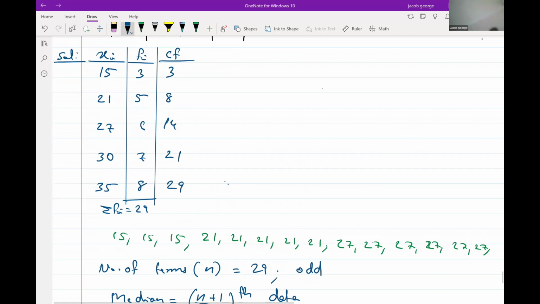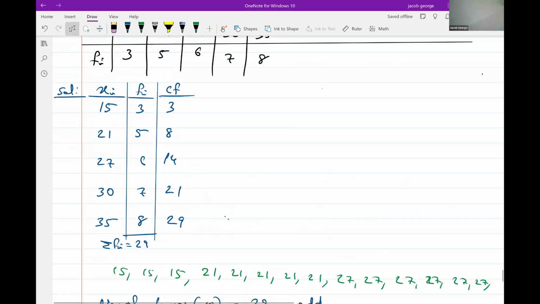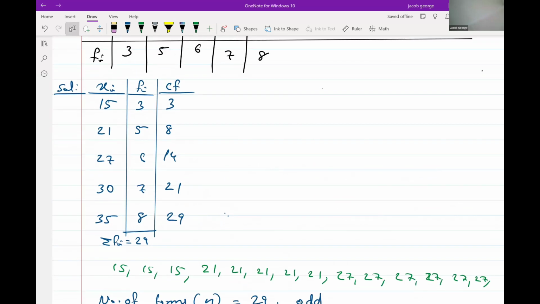See, for that, we have to look at the cumulative frequency. First, 1, 2, 3. 3 terms are 15, right? Next, 4th term to 8th term is which one? 21. That is what cumulative frequency is.